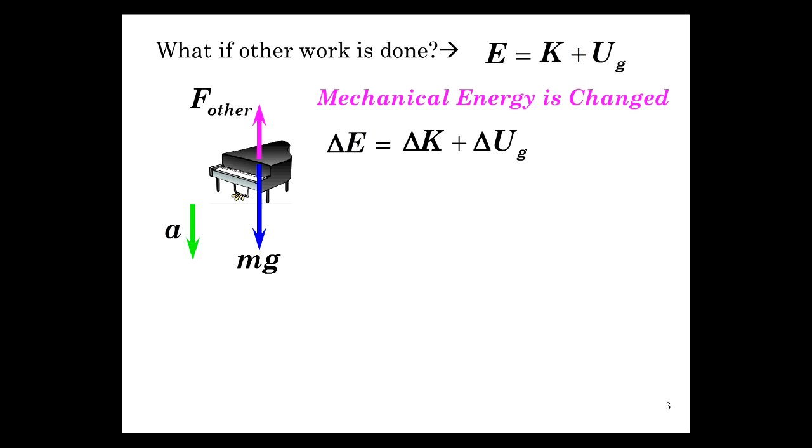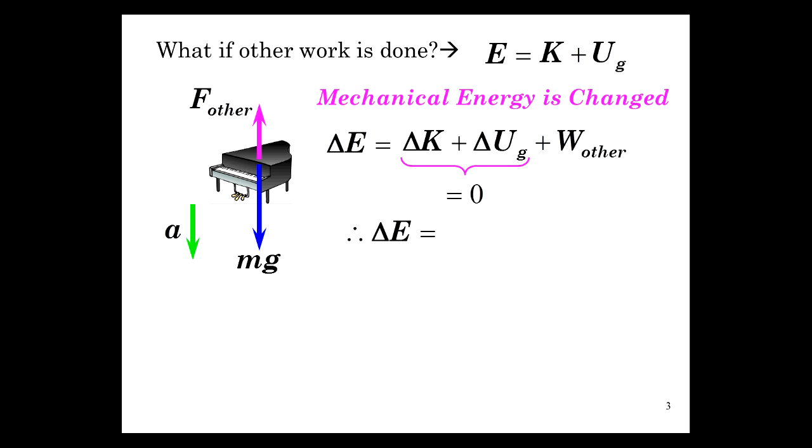Now these deltas, these changes, combined with other work, here's work other, something else other than the change in kinetic plus potential, you can consider those changes to be 0. All right, but it doesn't mean that the change in mechanical energy is 0, because this other work can either add or subtract to the total amount of energy.